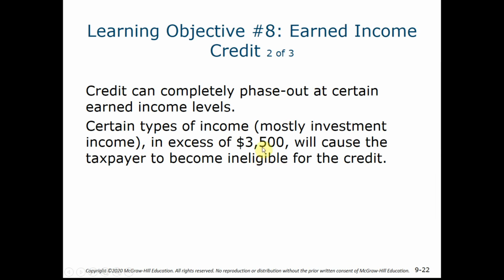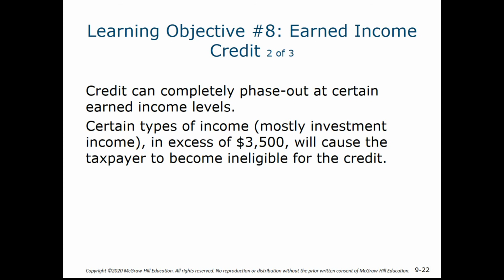This earned income credit can be phased out above certain income levels. And if the income, which is mostly investment income, that's not earned income, investments such as stocks and bonds and savings accounts, is in excess of $3,500, this will cause that taxpayer to be ineligible for the credit.